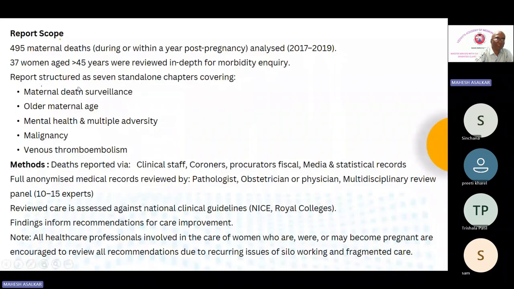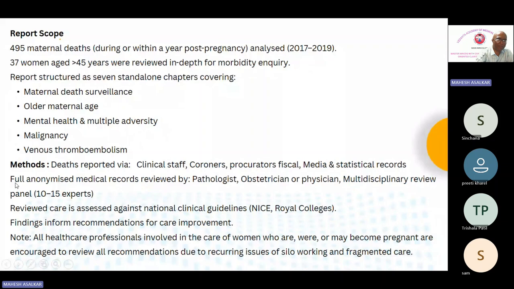So the report is structured as 7 standalone chapters, and these chapters will cover oral maternal death surveillance, older maternal age, then mental health and multiple adversity, malignancy, and venous thromboembolism. So the emphasis is given on all these. So your questions in whole of your obstetrics may be from different modules, and there will be a lot of emphasis on these particular aspects.